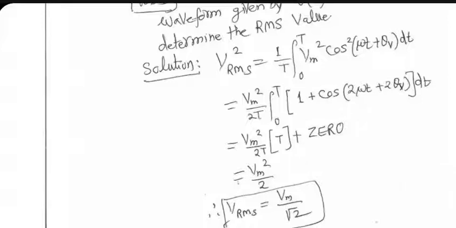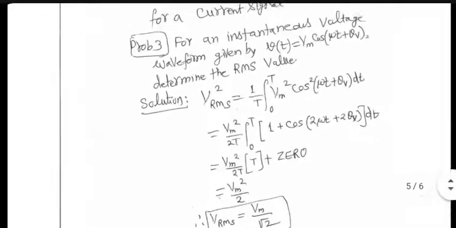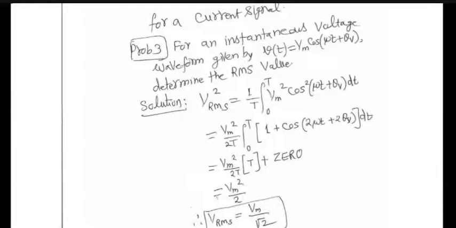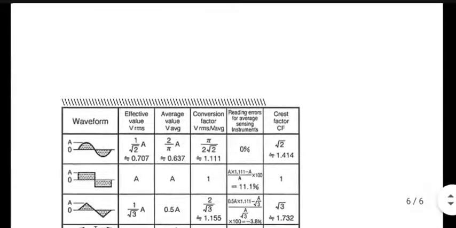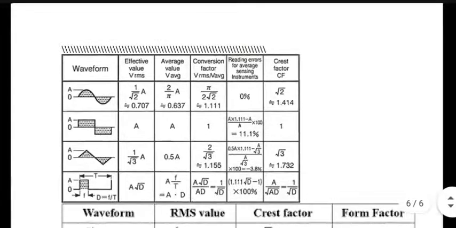RMS value of a sinusoidal signal or cosinusoidal signal or any other periodic signal is peak value divided by square root of 2. In all the machinery that you see around you, by default, all the voltage and current ratings given are RMS values. Nobody talks about peak values when it comes to giving you the information. RMS values are understood. You don't have to ask again and again.